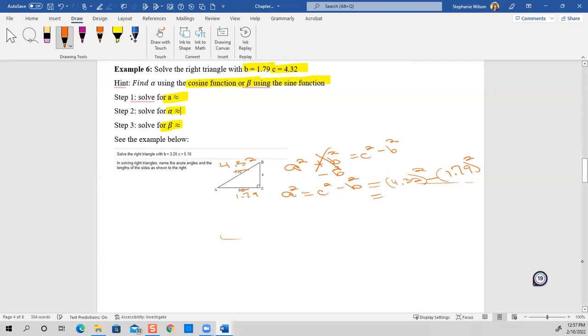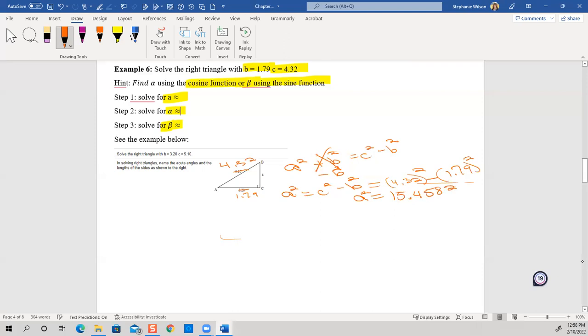All right, so now I'm going to take that 4.32 squared, subtract 1.79 squared, and I get 15.4582. That's a squared, but it asks for a.